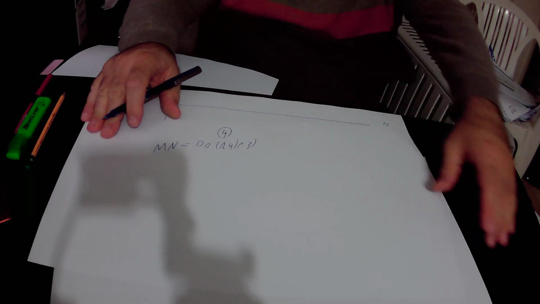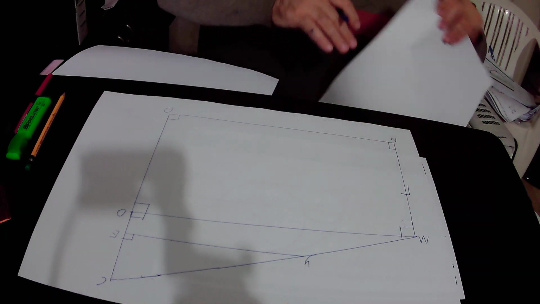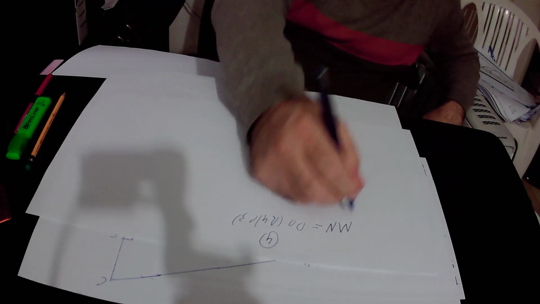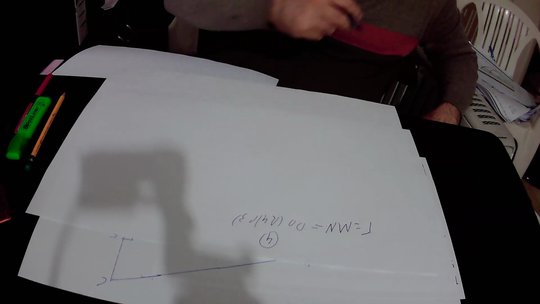But we know that MN equals R, it is the radius of the small circle.